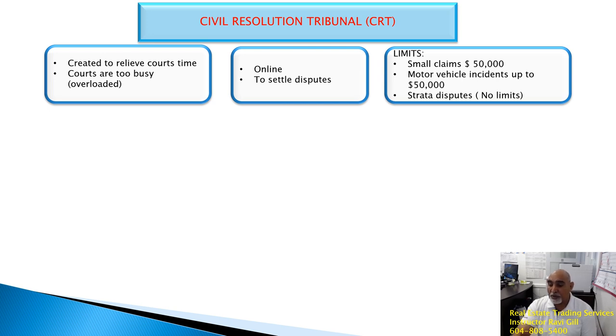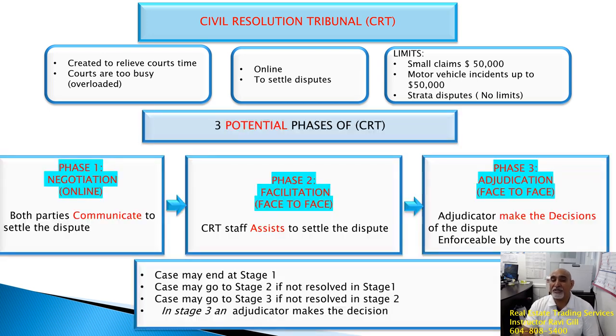Both parties will be there, and the CRT has three stages, three phases. The first phase is where both parties, sort of like a discovery, give their evidence online, and one of the parties says, let's resolve it and finish this thing at that time. There's no judge, no person making a decision in phase one.